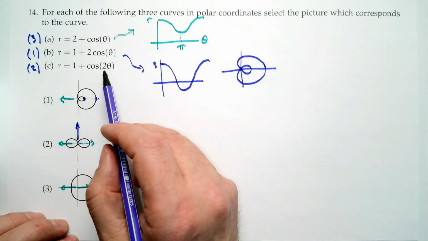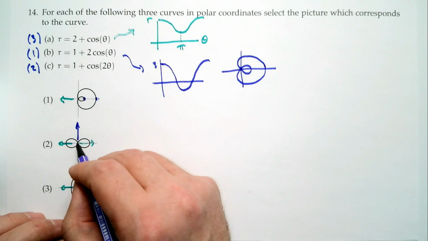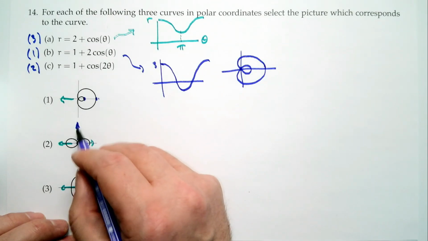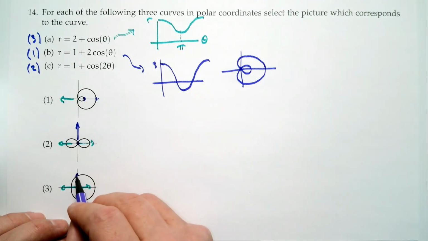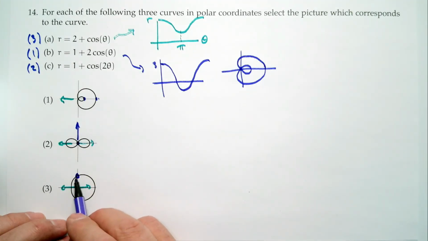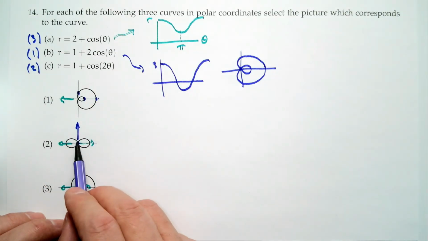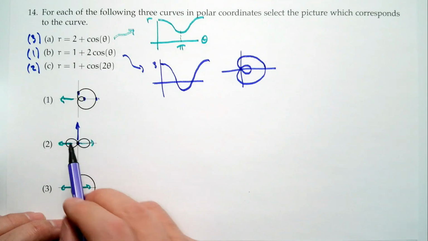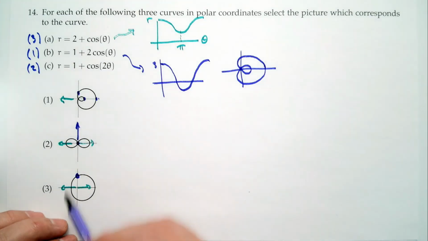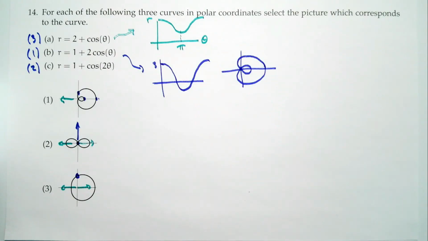Cosine of pi, which is -1, which is 0, right? So when I'm looking in direction pi over 2, I shouldn't see a point. You'll notice on this one, when I look in the direction pi over 2, I see a point away from 0. Here I see a point away from 0. This is the only one where when I look in the direction pi over 2, I don't see a point. So that's enough to convince me I can eliminate the other two as options. So indeed, it does turn out it's 2 is the last choice.